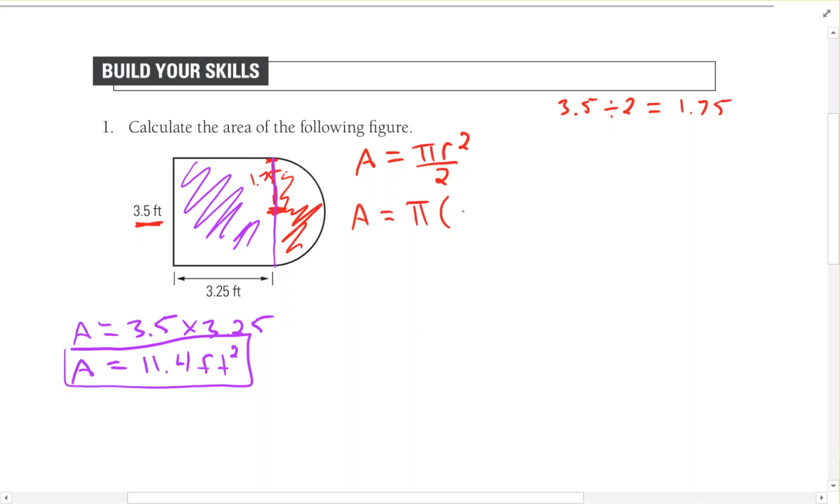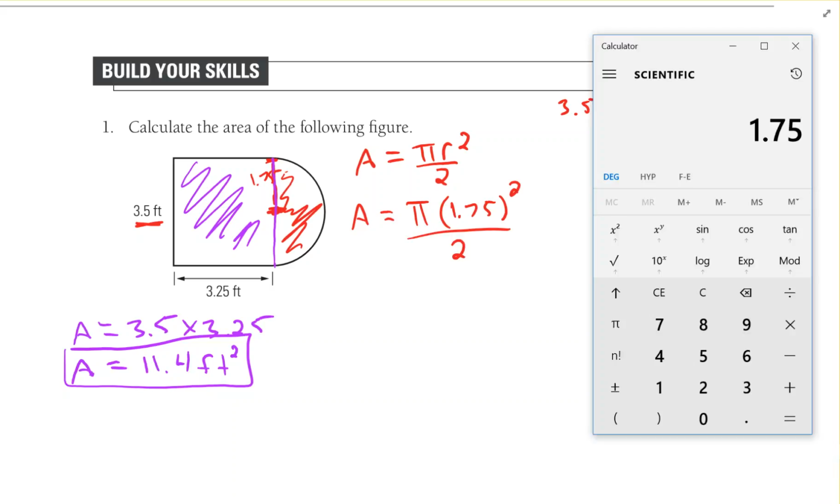So I'm going to put that into our formula here. 1.75. Don't forget to square it. And then that's all over 2. So now when you put that into your calculator, we'll go pi, that whole long string of digits, right? And then times 1.75 squared.